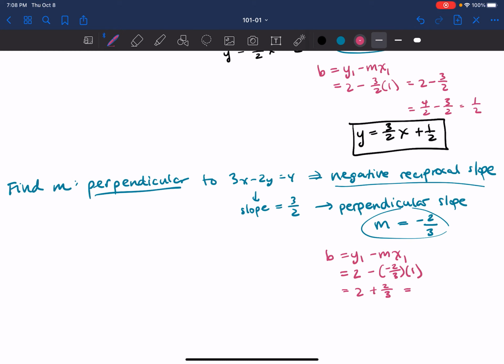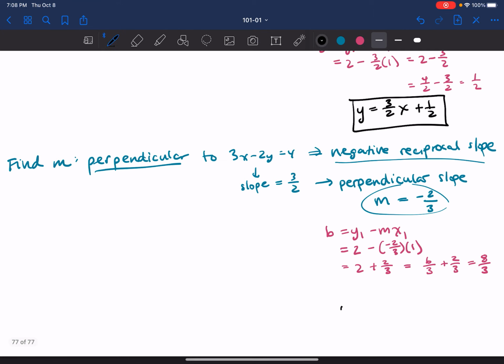We need a common denominator. So 2, how many thirds is 2? We're going to multiply by 3 over 3, and that gives you 6/3. When you add those together, same denominator, you add the numerators, and you get 8/3. And so putting this into mx plus b, we have -2/3 x plus 8/3. And there we go.